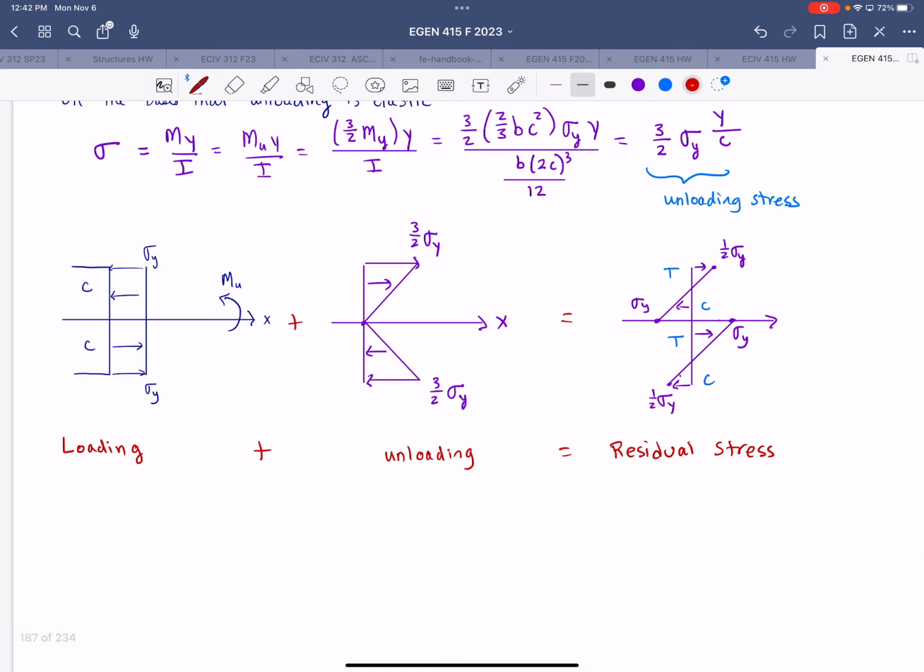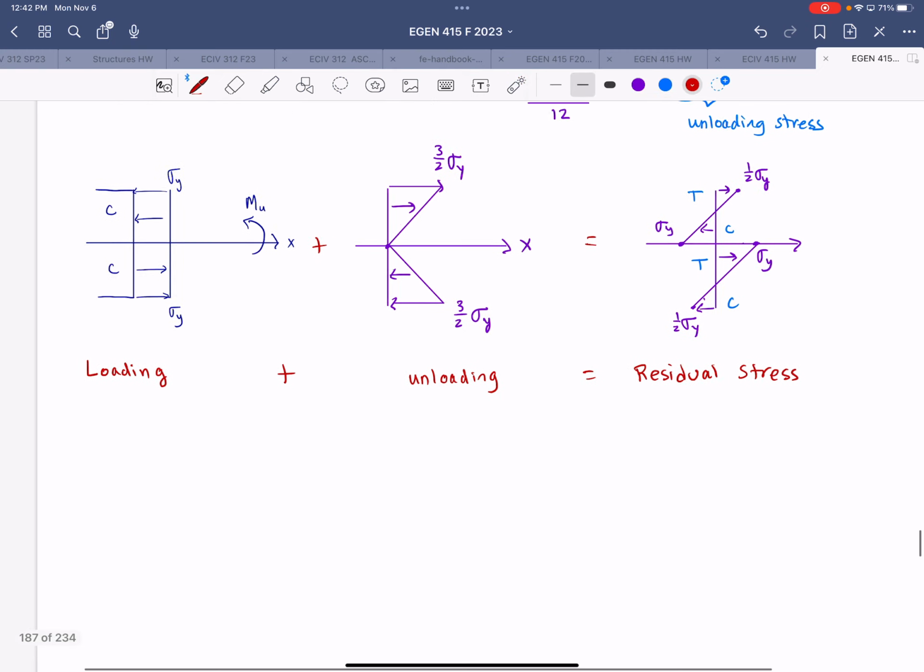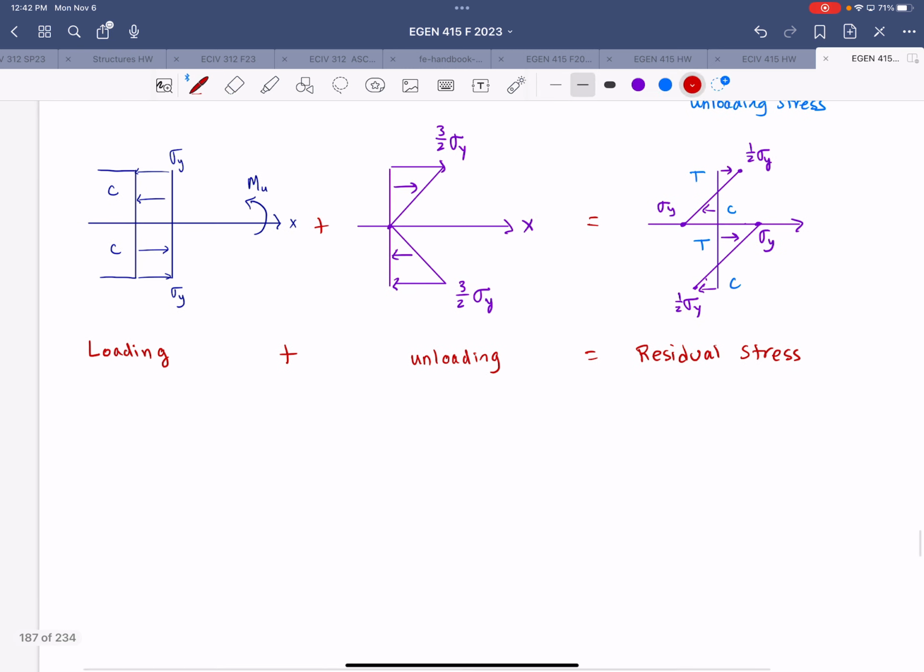So if we want to write the equation for this residual stress distribution, we can do that. So that's going to look like this.